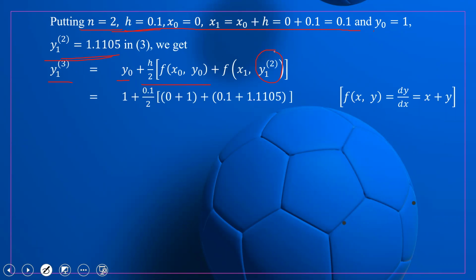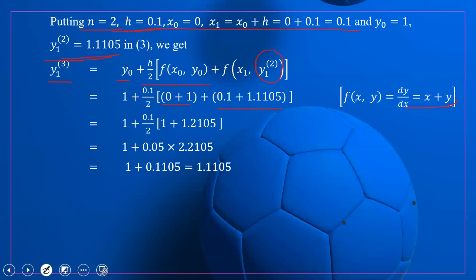So 1 plus 0.1 upon 2, again (0 plus 1), (0.1 plus 1.1105) by using this formula. And then what is the exact value of this? We are getting 1.1105. So now just look here, y1 second iteration is 1.1105, and the value of y1 in the third iteration is the same up to the fourth decimal. So now we stop here.